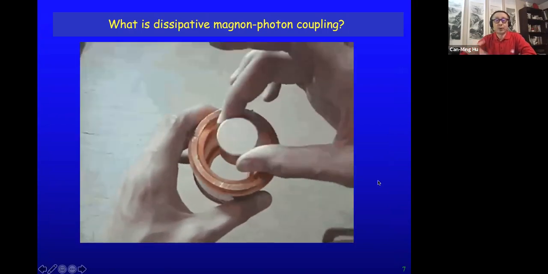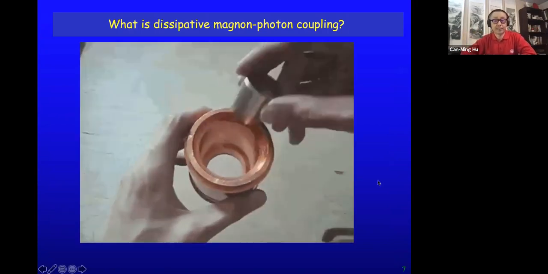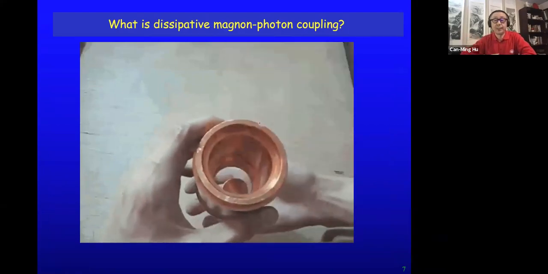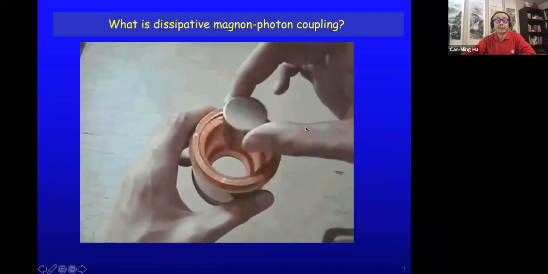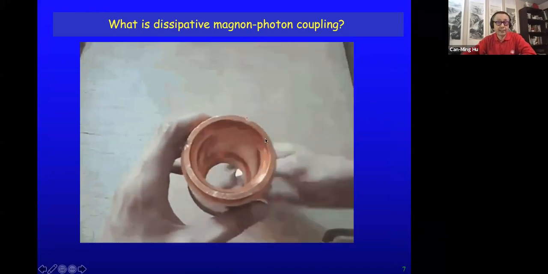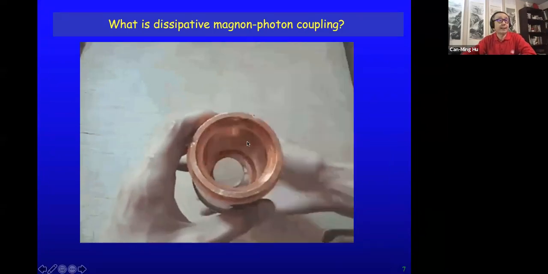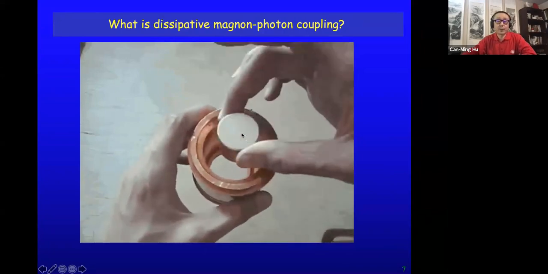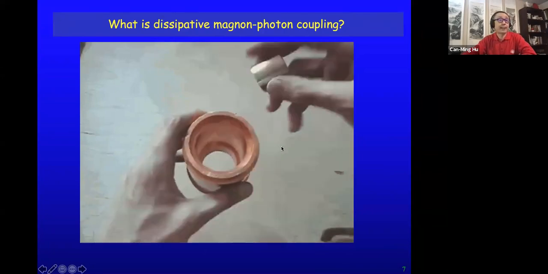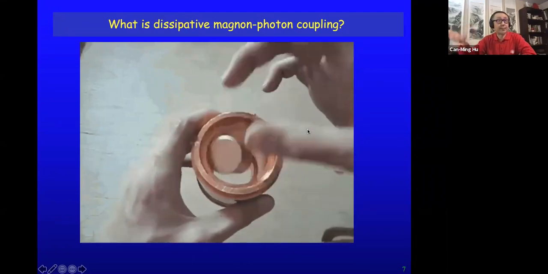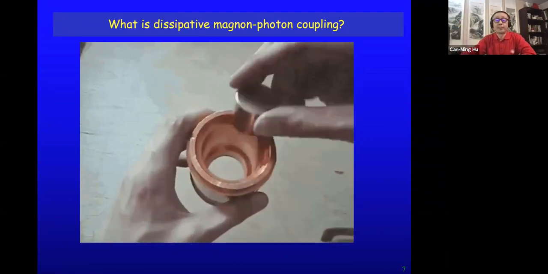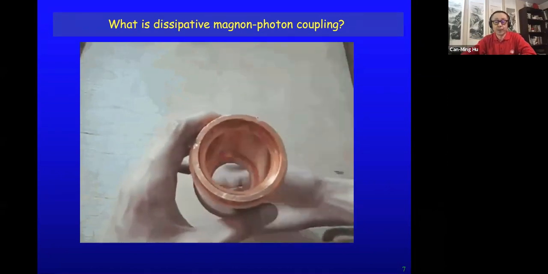I'm sure you are all familiar with this experiment we typically do in first year or second year physics. If you take a piece of magnet and drop it inside a copper tube, what you see is that the magnet falls down very slowly, as if there is some kind of frictional force preventing it from doing free fall motion.